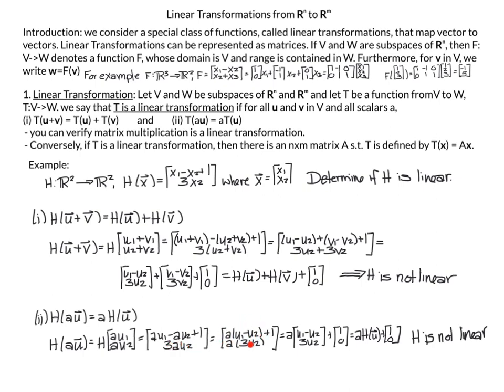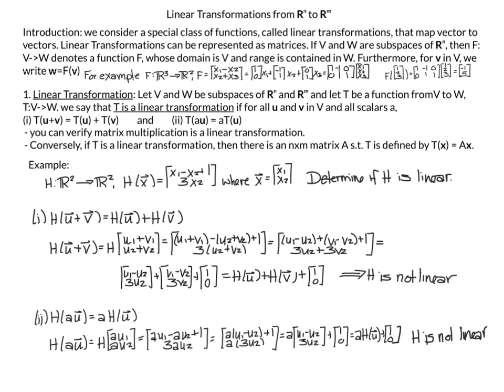So this portion here looks just like a times h of u, but unfortunately I still have this 1 here, so I have this extra 1, 0 added to my a times h of u. So in this case, h of au does not equal a times h of u, because I have this extra term here. And therefore, this is also enough to show that h is not linear.